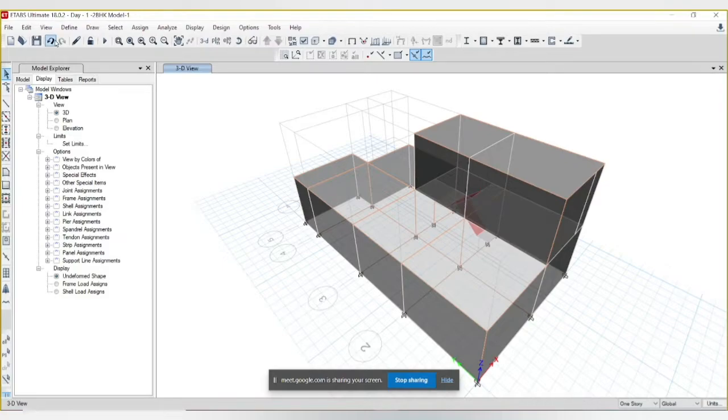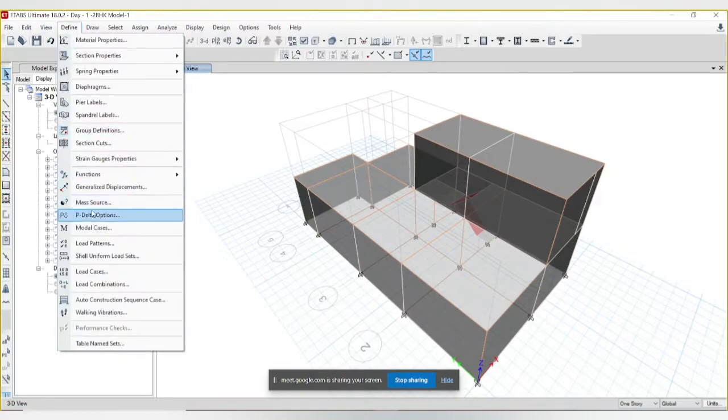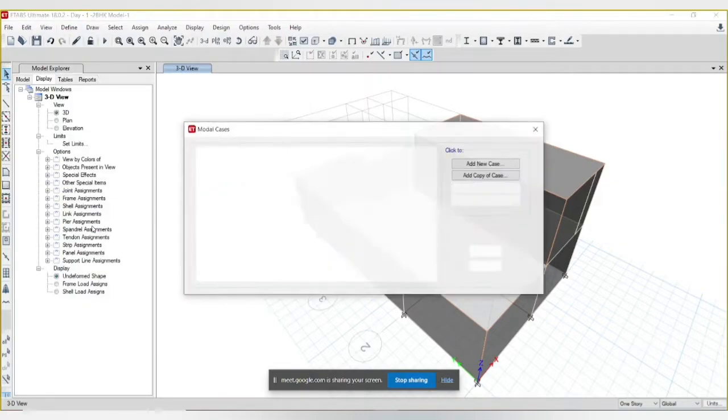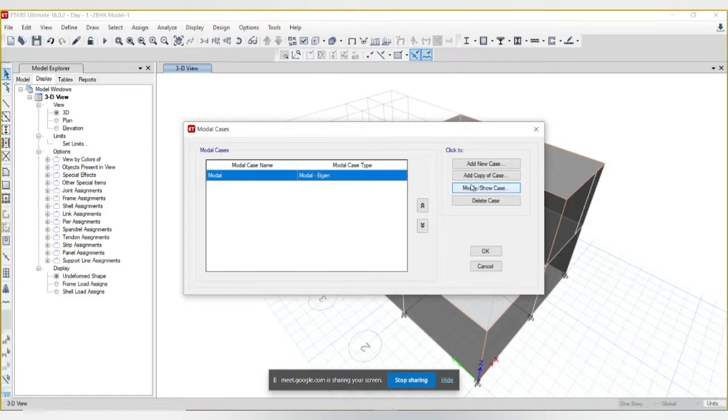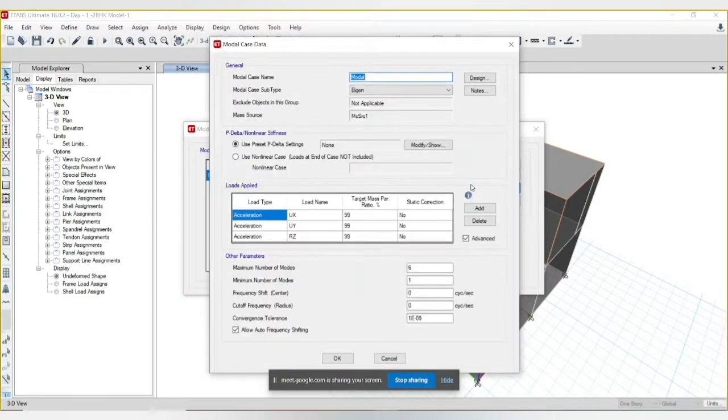So that is why in modal analysis here you can see that in Define, in the modal case, we have applied only 6 modes. Here you can see 6 modes we have applied: Ux, if the ground is displacing in x, Uy if it is displacing in y, and Rz is rotation about the z axis.